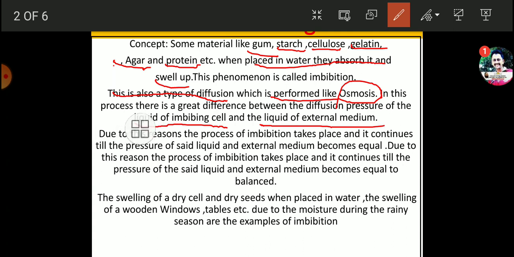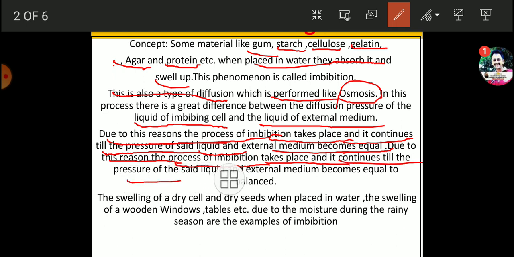Due to this reason, the process of imbibition takes place and it continues till the pressure of the said liquid and the external medium becomes equal. The absorption of water by gum, starch, cellulose, gelatin, agar, and wooden doors continues till the pressures become equal and balanced.